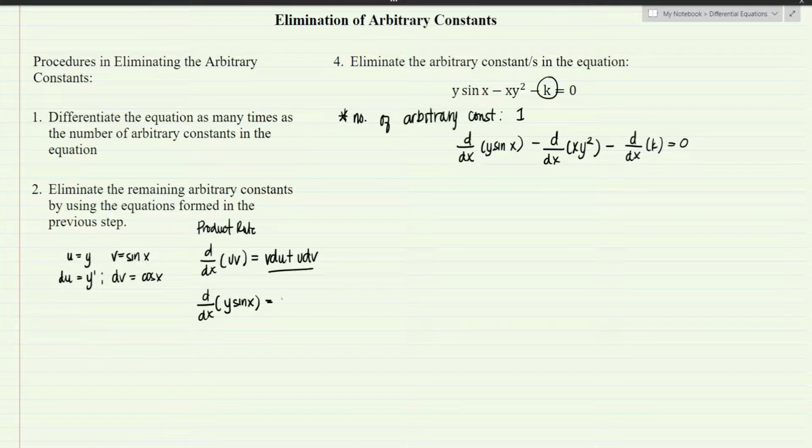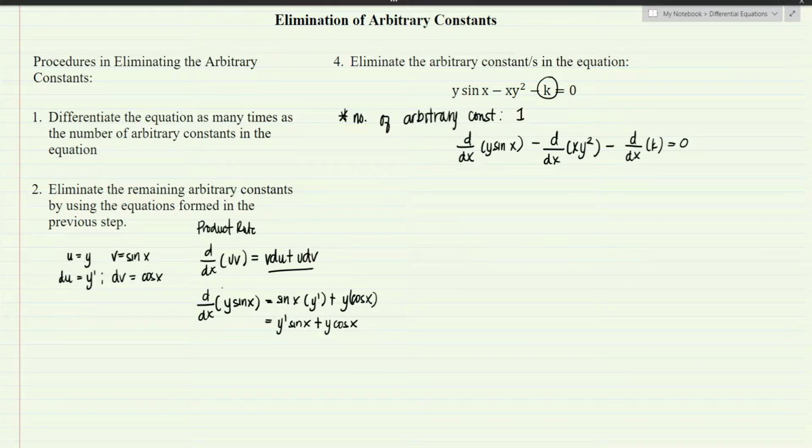So by following this equation, we will have sine x multiplied by y prime plus u, that is y, multiplied by cosine x. Okay? So simplifying, I will have here y prime sine x plus y cosine x.